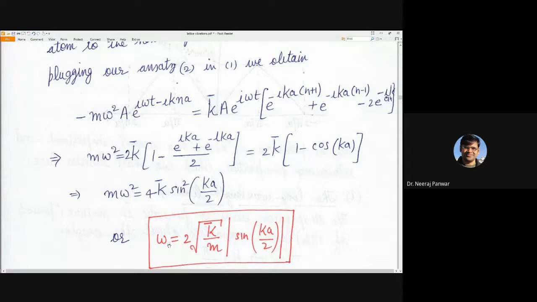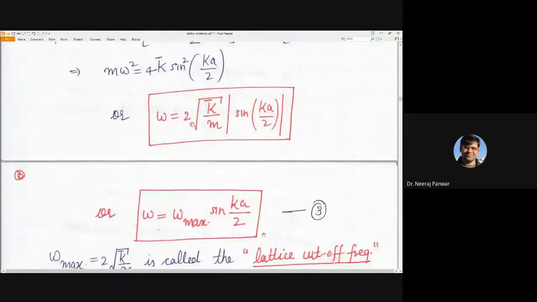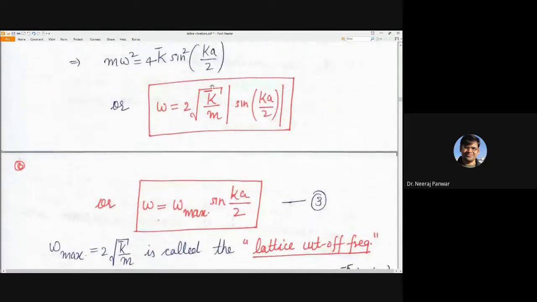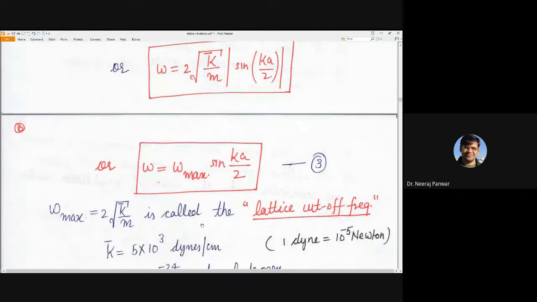So the dispersion relation between omega and k is given by omega is equal to 2 under root k bar divided by m, mod of sine k a by 2. Or we can represent this by omega max: omega is equal to omega max sine k a by 2.